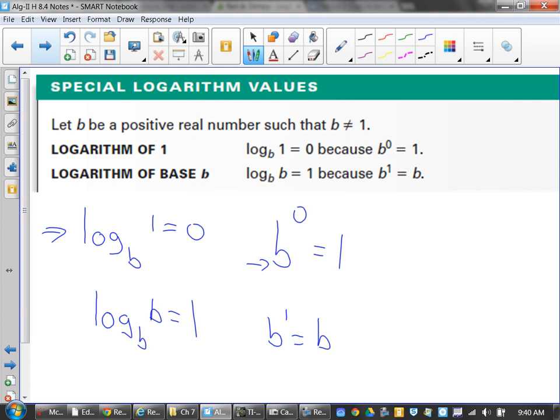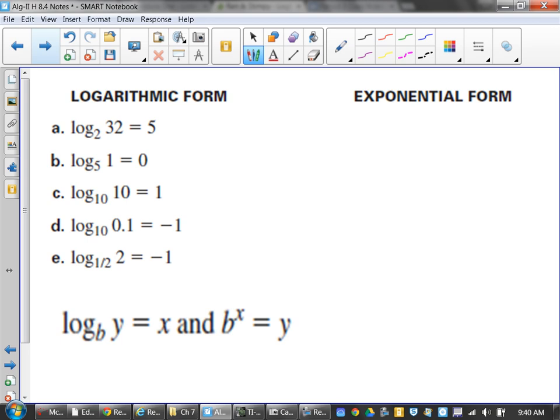A lot of times people will see this when they start switching back and forth between exponential and logarithmic form. So if I'm looking at log base 2 of 32, let's do these one at a time.